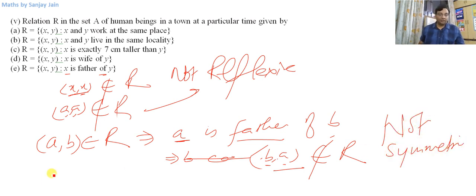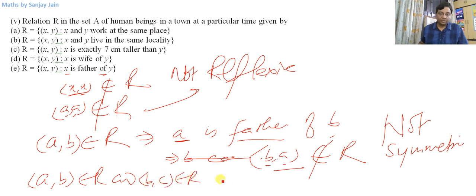What about it being transitive? A comma b belongs to R and b comma c belongs to R. This should imply that a comma c belongs to R. Now let us take a is father of b, b is father of c.